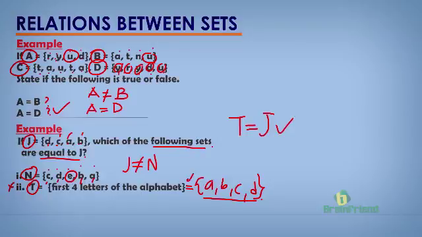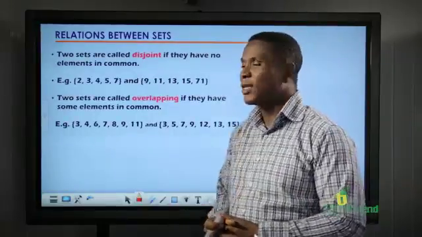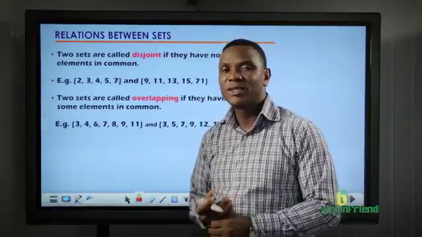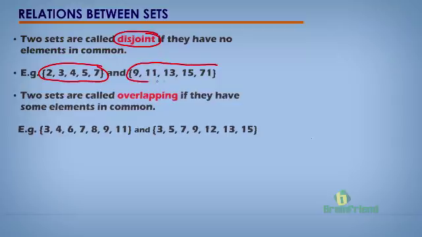Let's go on to learn some more. Whenever we have a situation where two sets have no element at all in common, we say such sets are disjoint sets. For example, our set here has its elements 2, 3, 4, 5, and 7, while our other set has elements 9, 11, 13, 15, and 71.